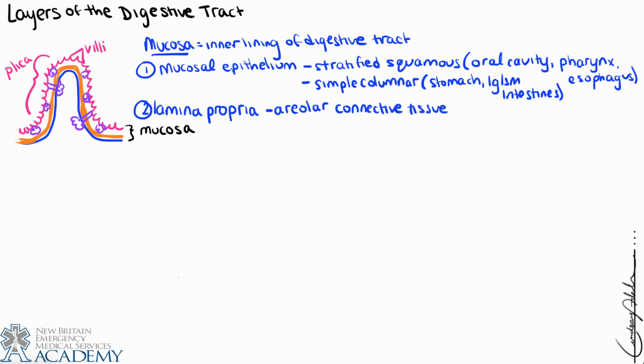to the outermost. The pink layer, which also makes up the villi, is the mucosal epithelium. The mucosal epithelium is basically stratified squamous epithelia in the oral cavity, in the pharynx, and the esophagus. We mentioned that the digestive tract doesn't technically include the mouth, but the oral cavity and the pharynx definitely do have epithelium.